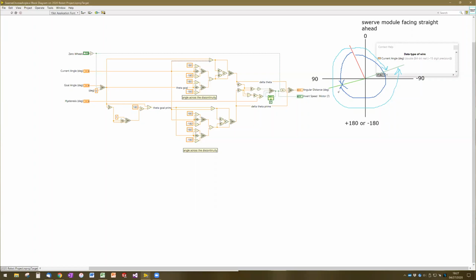And we've defined counterclockwise as positive in the rest of our code. So if we're at 30 degrees and we need to get to 100 degrees, we're going to spin counterclockwise 70 degrees in order to get there. Does anyone have any questions about that?